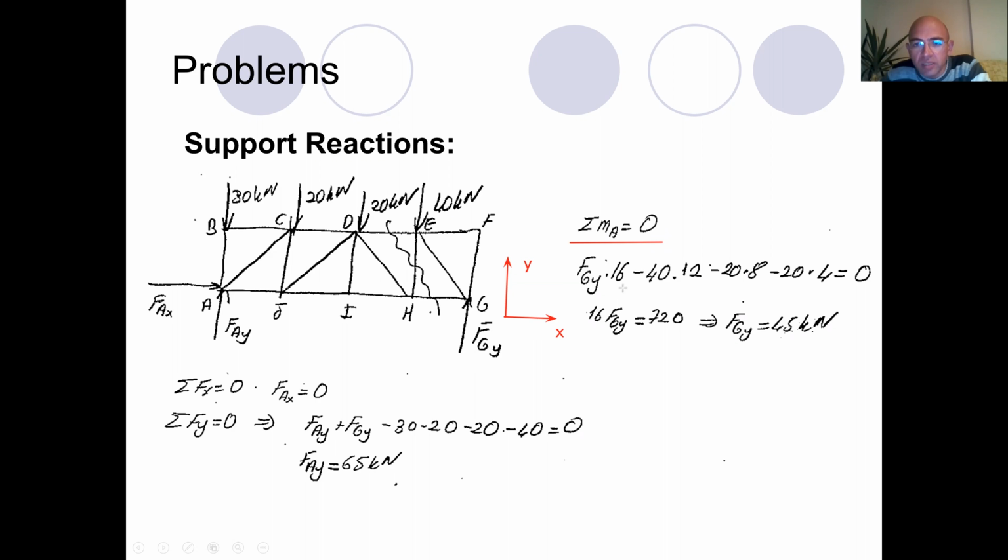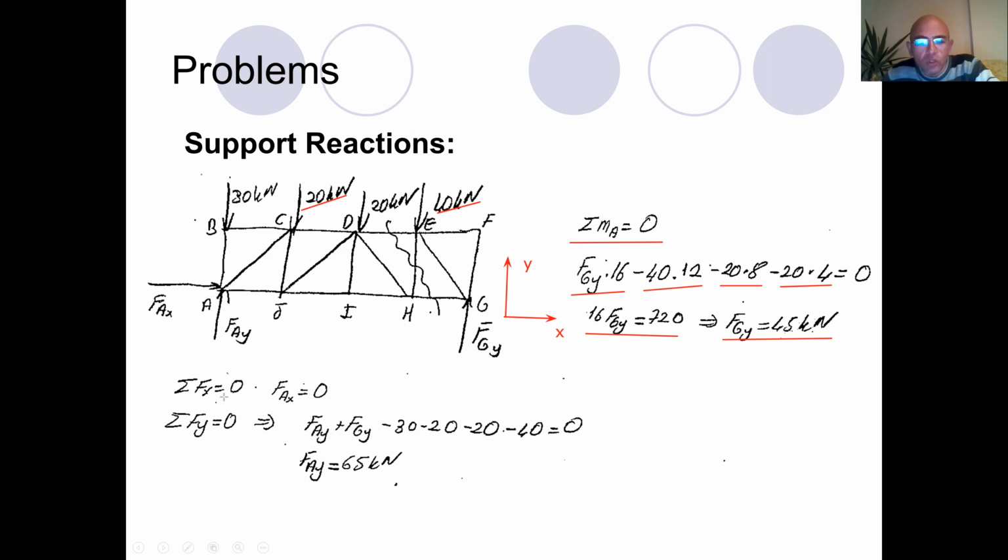So FGY multiplied by 16, minus 40 multiplied by 12, because the 40 kilonewton load generates a negative moment if FGY creates a positive one, distance to the point A is 12, minus 20 multiplied by 8, it is the moment generated by this force, and then minus 20 multiplied by 4, it is the moment generated by this force, and this is equal to 0. Now from here we can easily calculate that 16 FGY is equal to 720 and FGY is 45 kilonewtons.